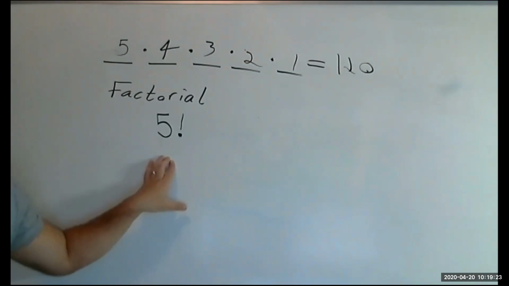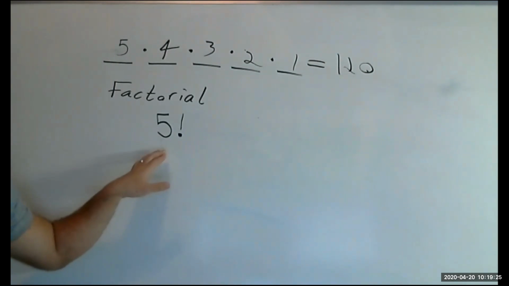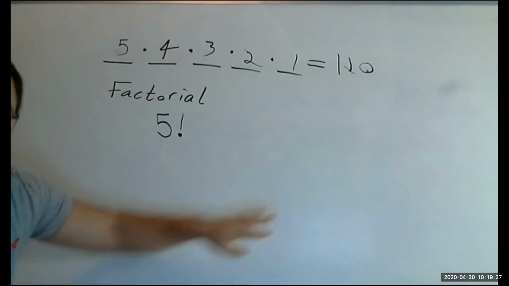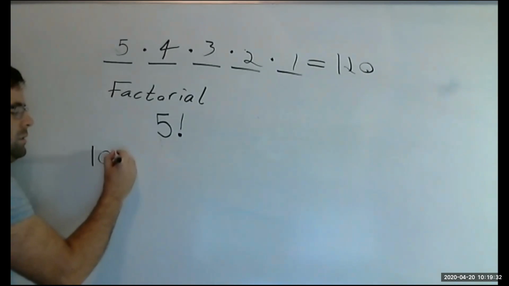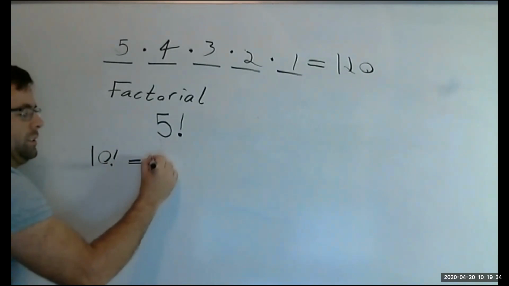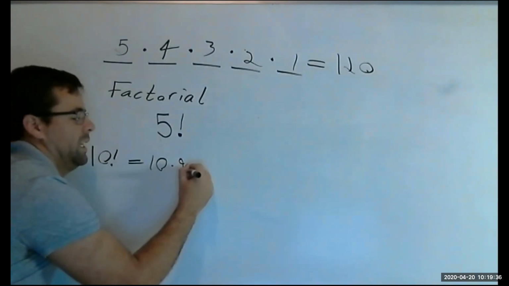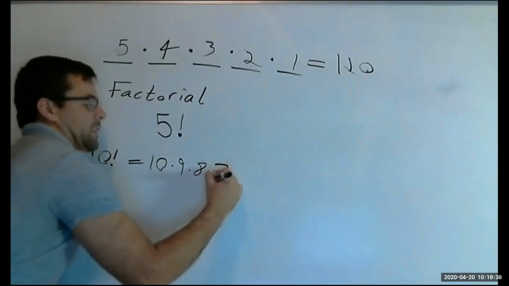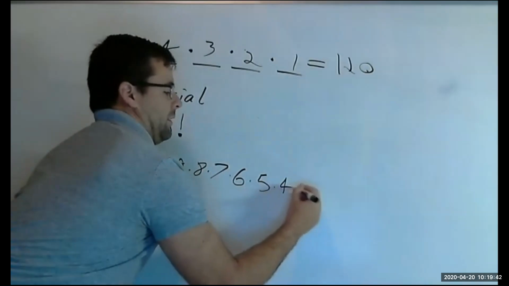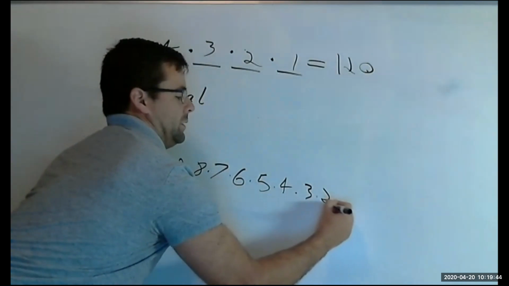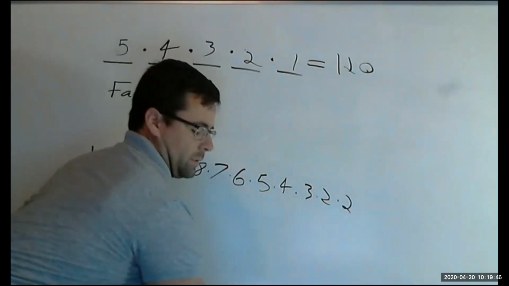So factorial 5 means 5 times 4 times 3 times 2 times 1. You can have factorial 10, which is 10 times 9 times 8, 7, 6, 5, 4, 3, 2, 1.